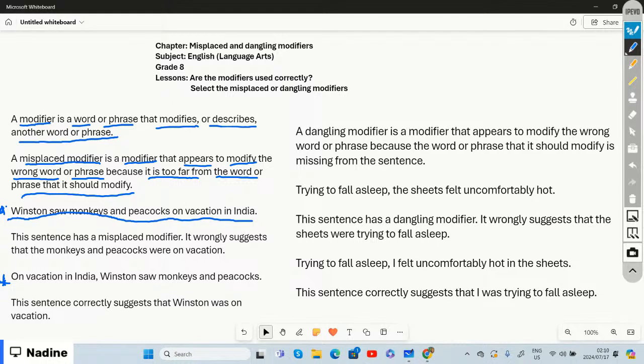So, before we go on to dangling modifiers, a misplaced modifier is a modifier that appears to modify the wrong word or phrase because it is too far from the word or phrase that it should modify. That is a misplaced modifier.